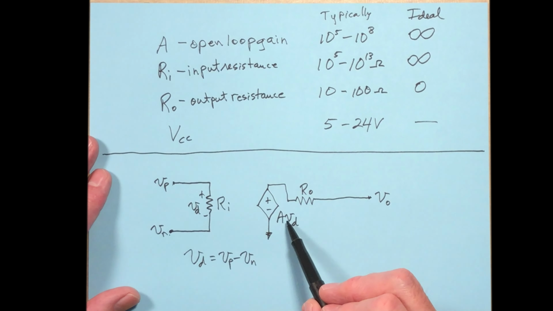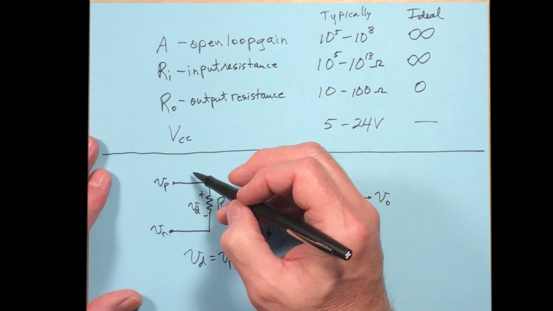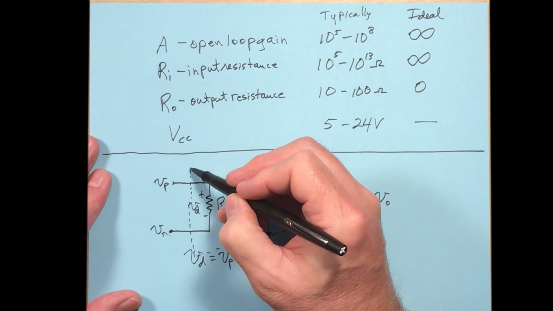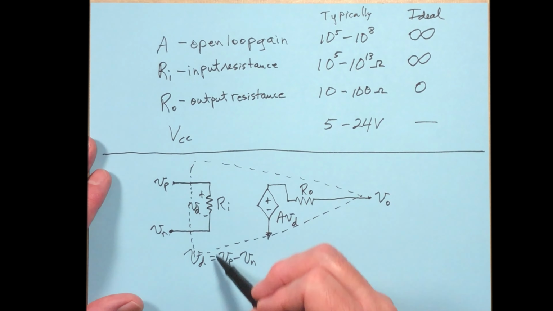So Vd multiplied by A, that's the open loop gain, is how much gain you have on the output side. This is the output resistance. So what we've got here, if I draw some dashed lines here, this is the triangle right there that represents the OpAmp.